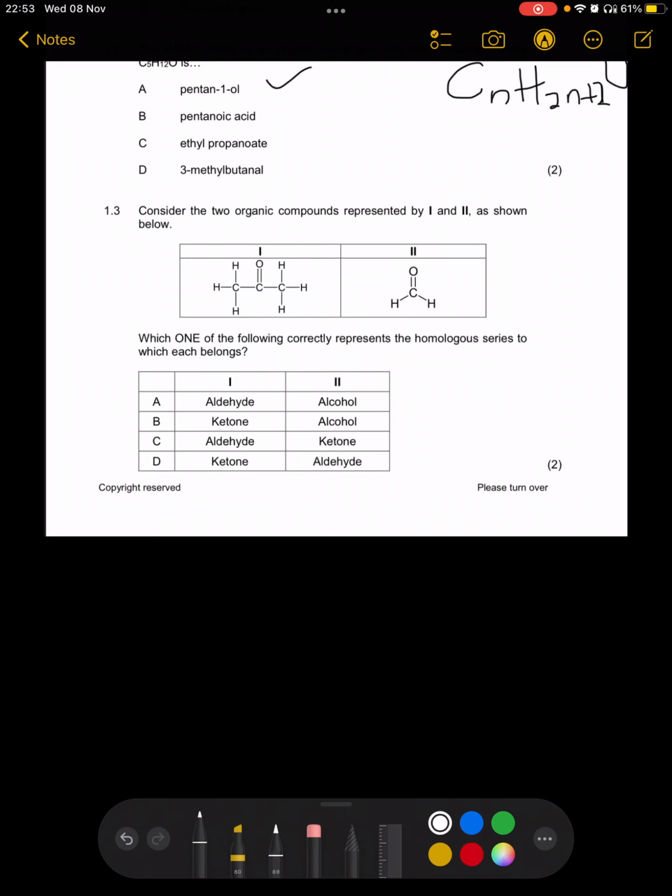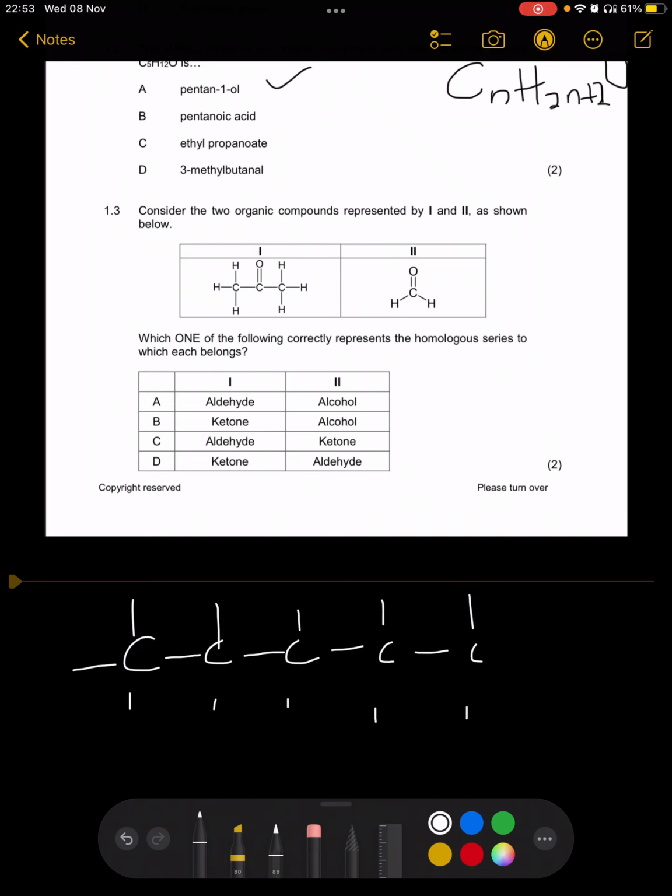Let's make it white. Pentan-1-ol would be this with its hydrogens here, and then everything H, H, H. Please excuse my H's here. H, H, and H. That'll be pentan-1-ol, and the ol is on the first carbon.